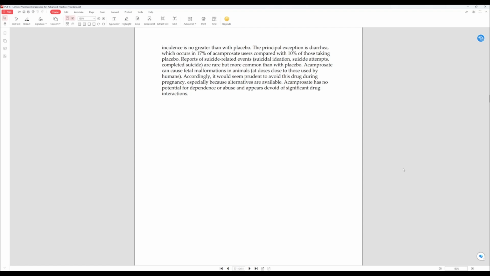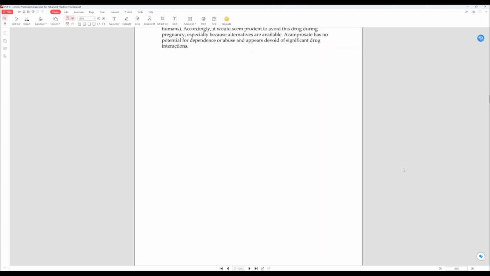Acamprosate can cause fetal malformations in animals at doses close to those used by humans. Accordingly, it would seem prudent to avoid this drug during pregnancy, especially because alternatives are available. Acamprosate has no potential for dependence or abuse and appears devoid of significant drug interactions.